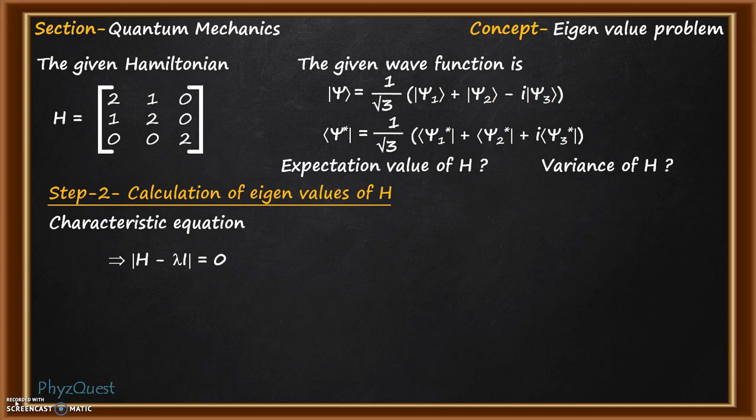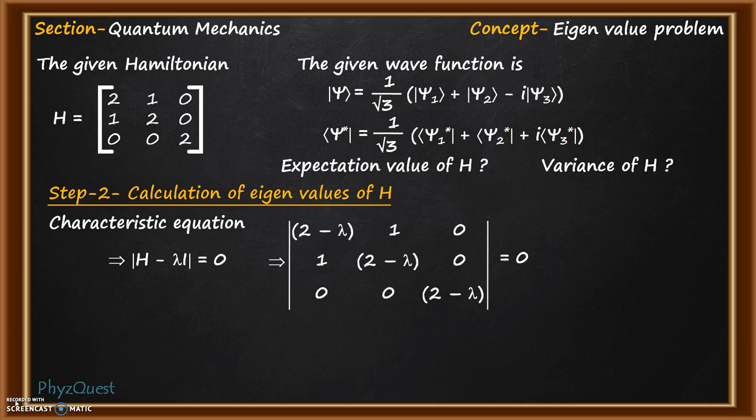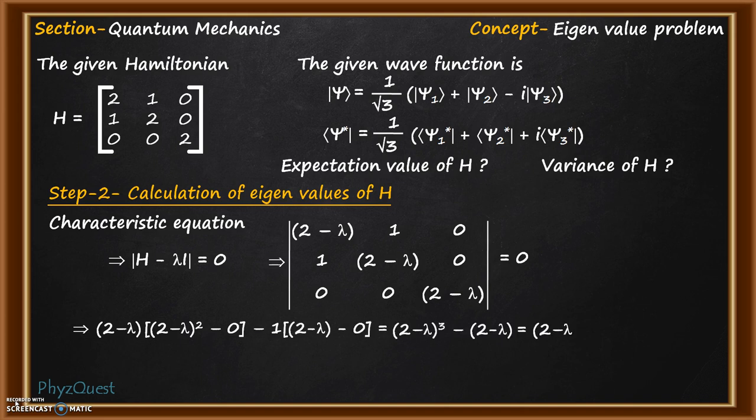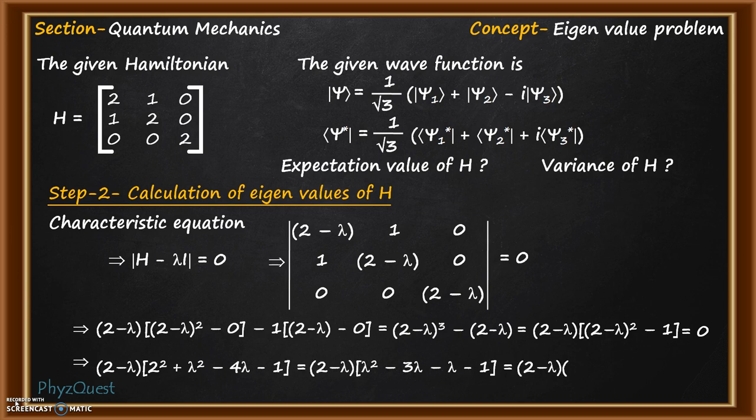Here I is the identity matrix and lambda is your eigenvalue, which is assumed. When you write it in full form and solve it, the final answer for lambda, the eigenvalue, will be 1, 2 and 3. These are the 3 energy eigenvalues we have got. And why am I saying energy? Because it is related to the Hamiltonian operator. So these are the energy eigenvalues, that is 1, 2 and 3.